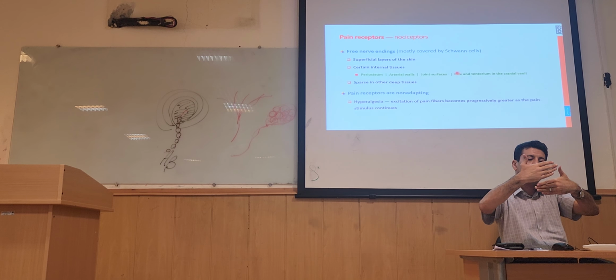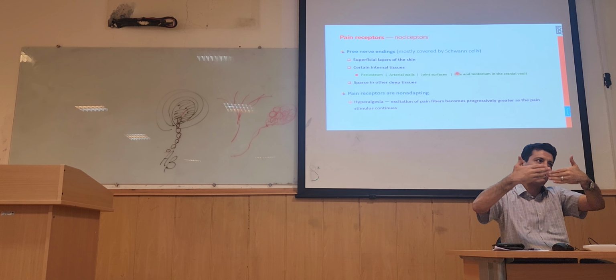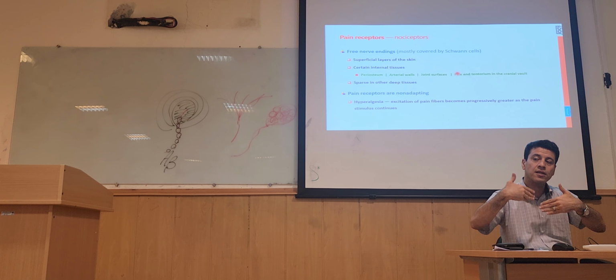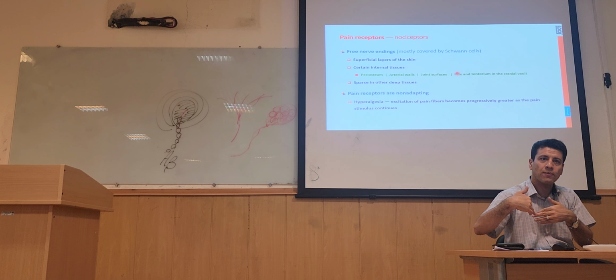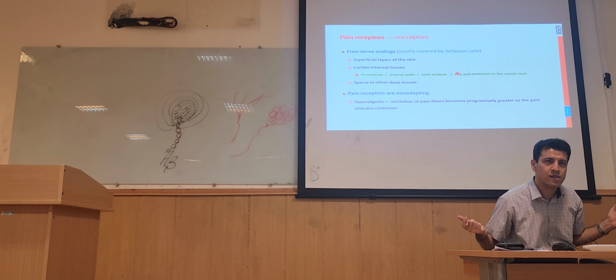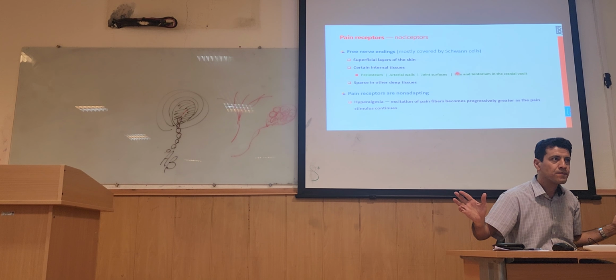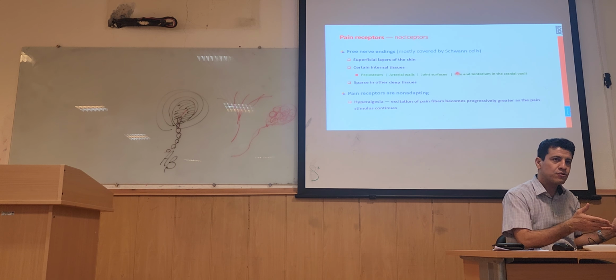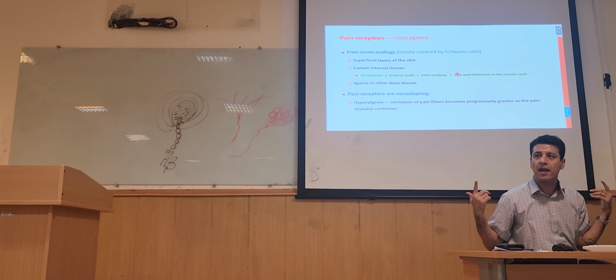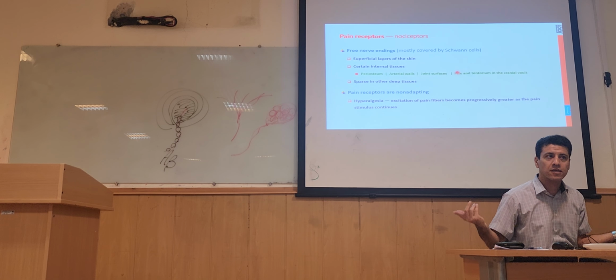Another one goes between the cerebrum and cerebellum. We call that tentorium. In the tentorium and falx, we have abundant nociceptors, so any damage here is very painful, right? Damage to the periosteum is painful because we have abundant nociceptors.